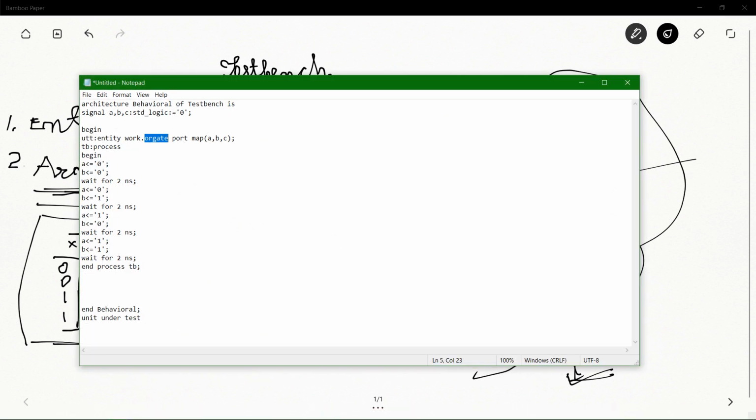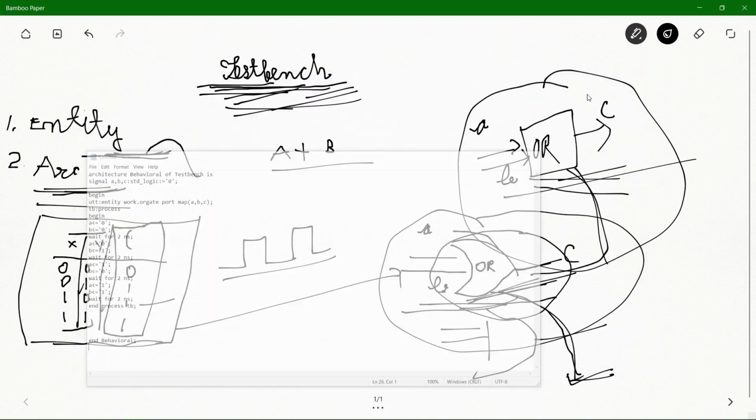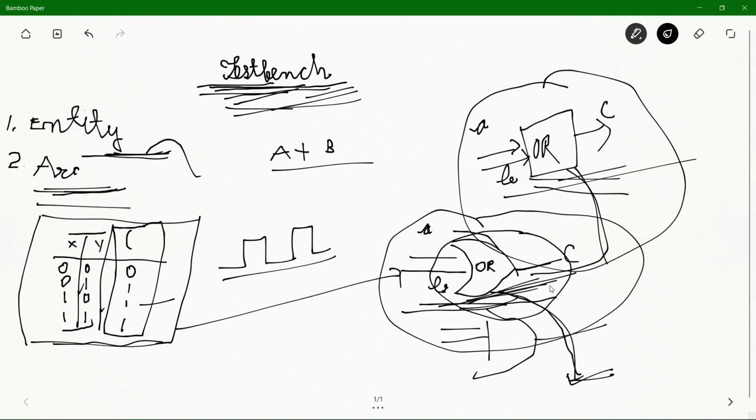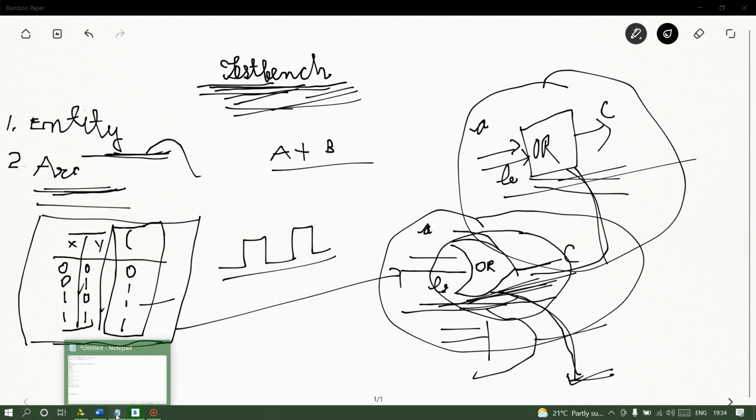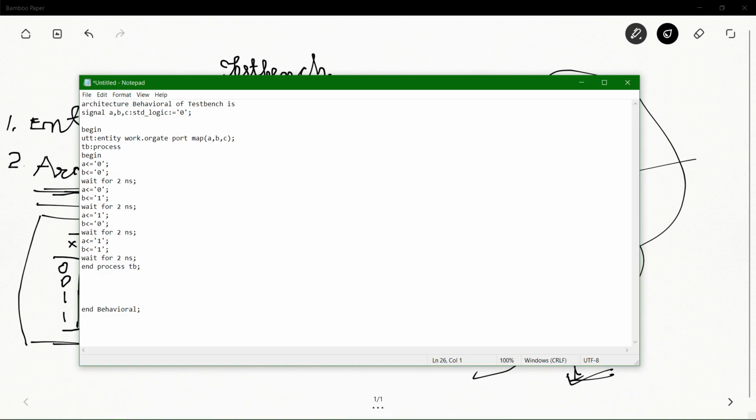So here the full form of UTT is unit under test, meaning that this particular diagram whose name I have given to be OR gate is under the testing part, right?